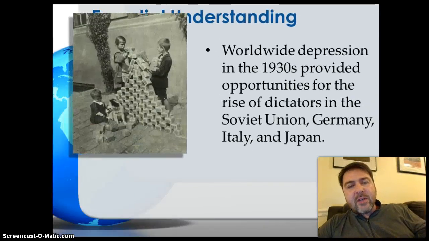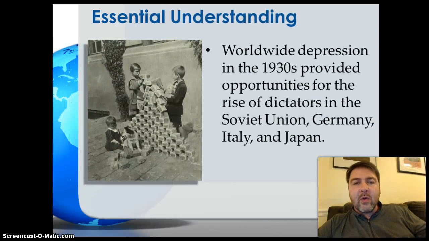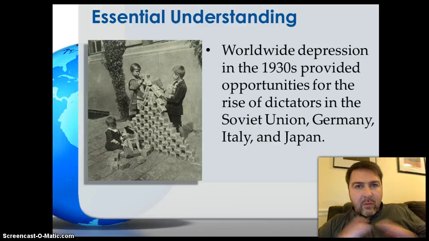Okay, some essential understanding. We have a couple of pieces here in order to work through this standard. The first is understanding that the worldwide depression that we saw in Standard 11B throughout the 1930s really provided the opportunity for these dictators to take power and strengthen their power in these four countries.